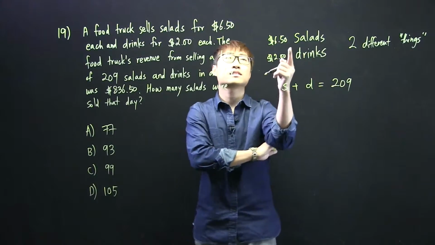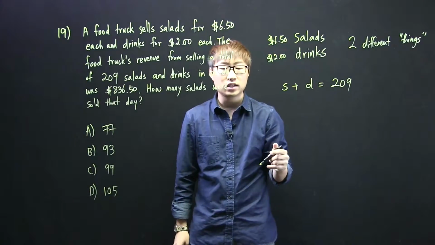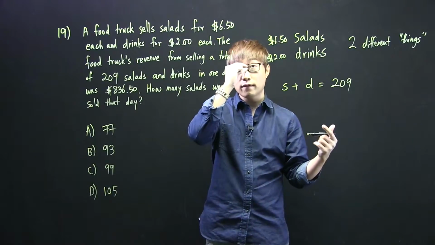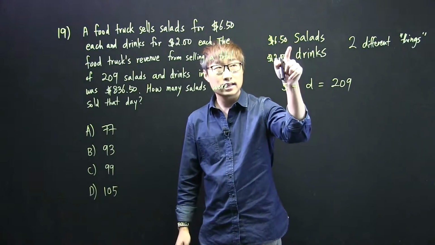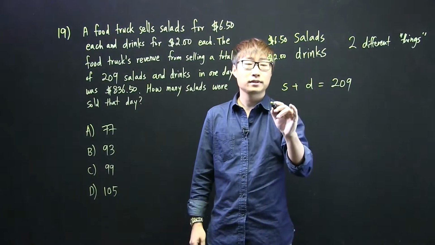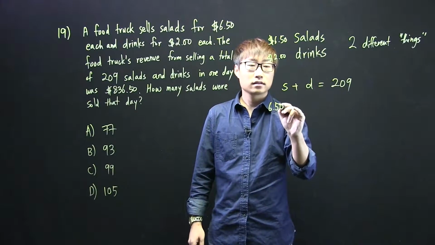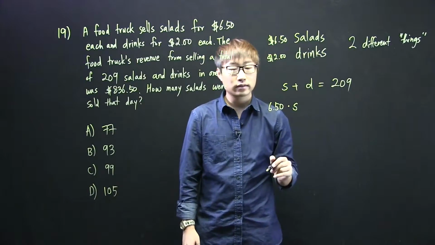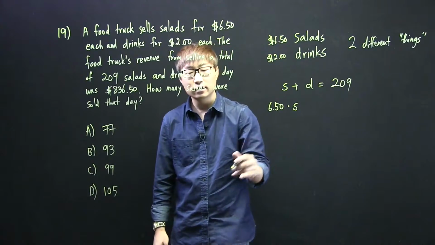Well, I know salads were sold for $6.50 each. So if I want to calculate the profit made from selling salads, I can say $6.50 each times salad, right? Now, how did I get that? Watch this.